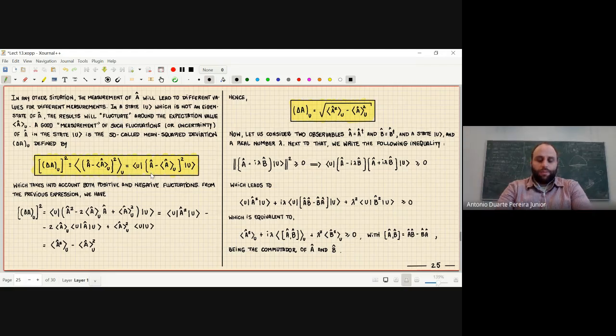Okay, let me explain again as requested. I'm just saying that typically in a measurement, you are not going to get outcomes whose values are equivalent to the value of the expectation value.